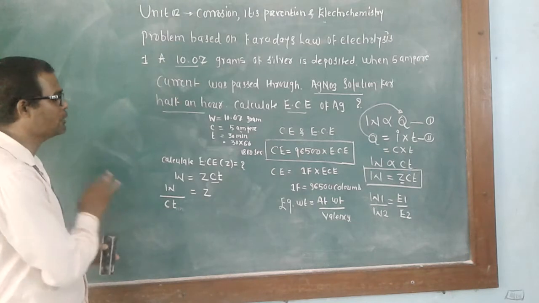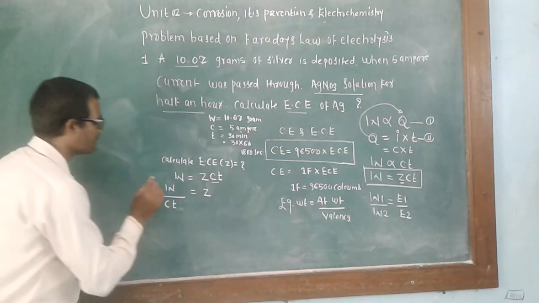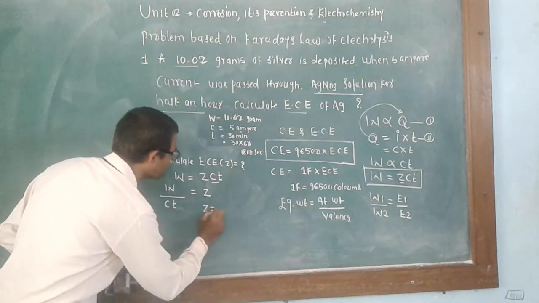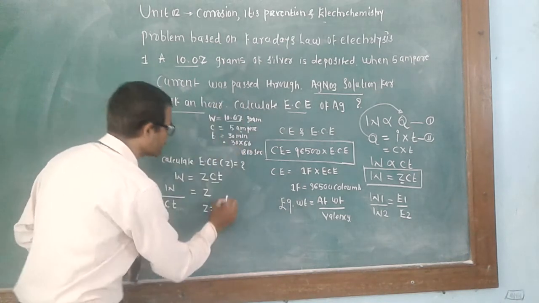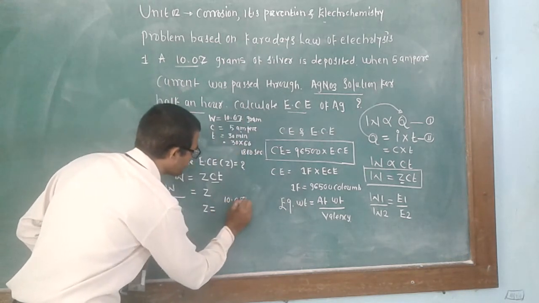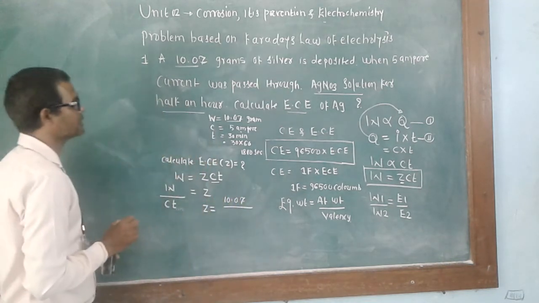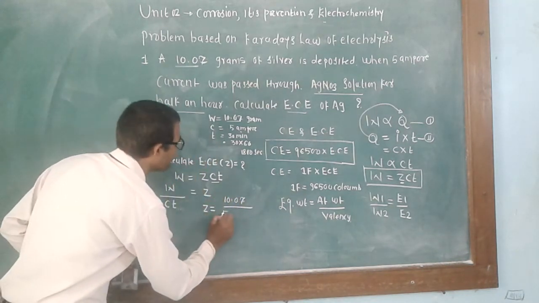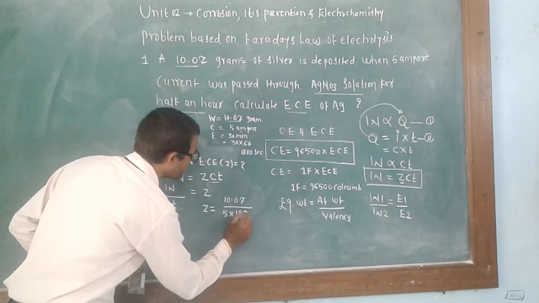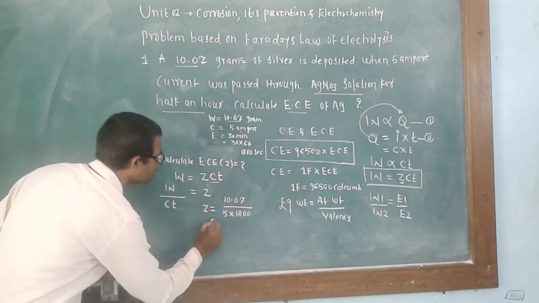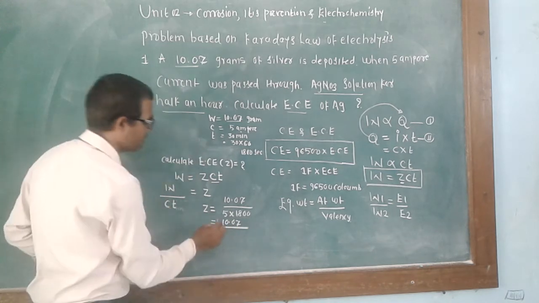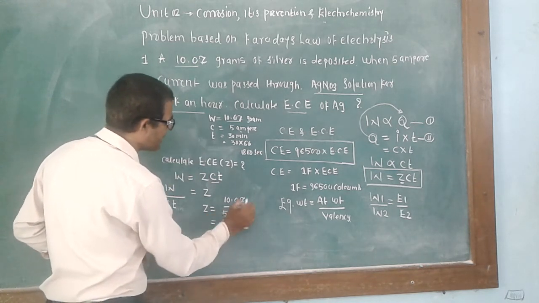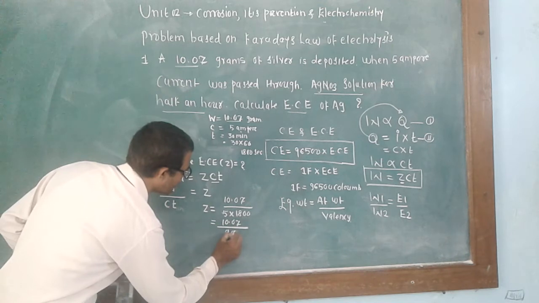So put the values into the formula, you will get Z is equal to W, that is the weight of substance in gram, always gram. Okay, so in gram it is given 10.07, ampere is given 5, into 1800. So Z is equal to 10.07 divided by 5 multiplied by 1800, that is 9000.